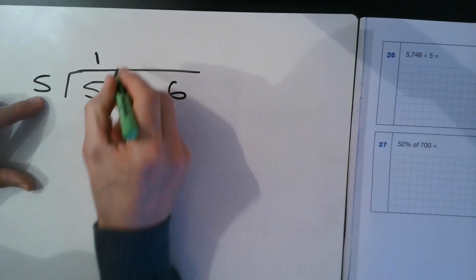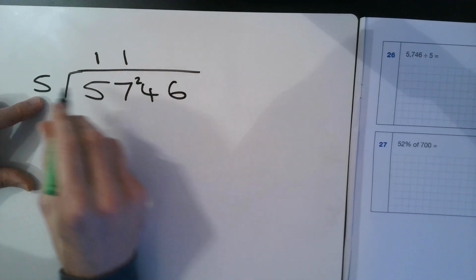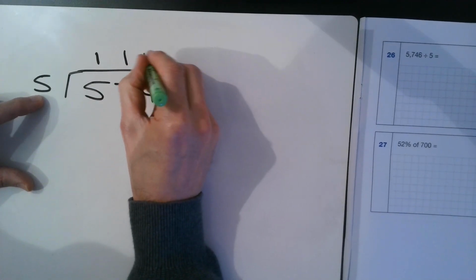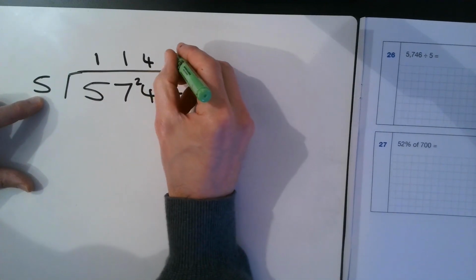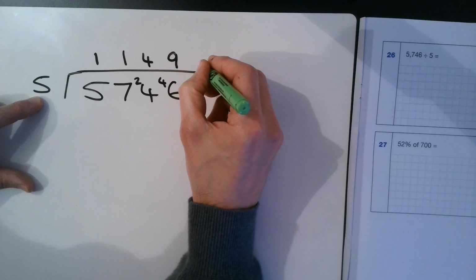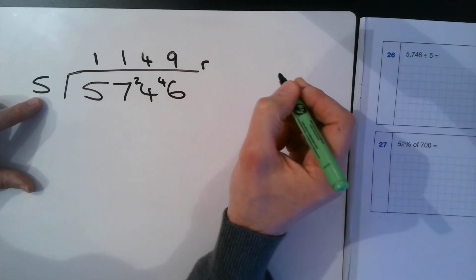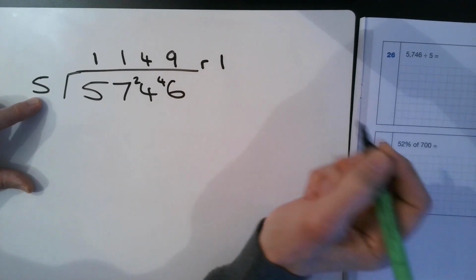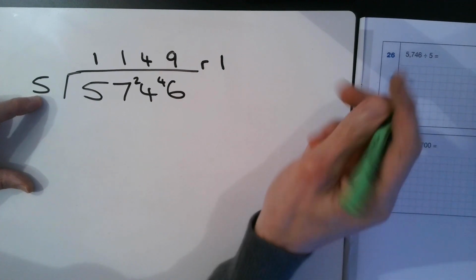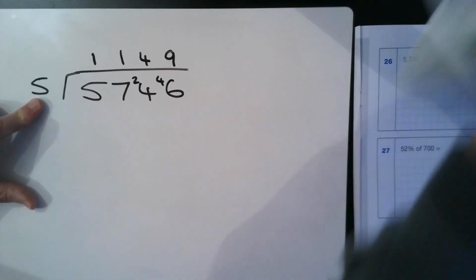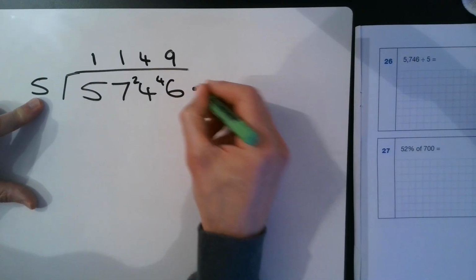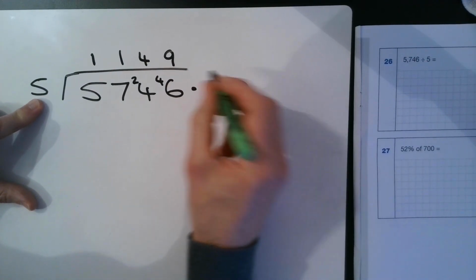How many 5s in 7? 1, remainder 2. How many 5s in 24? That's 4, remainder 4. How many 5s in 46? That's 9, remainder 1. Okay, and you'd get 1 mark if you had that.